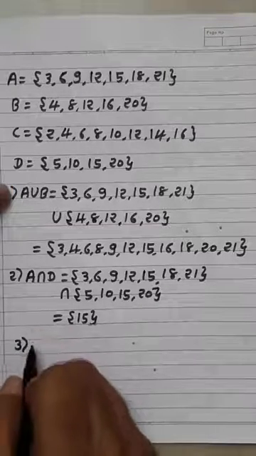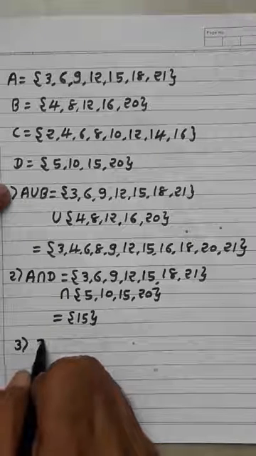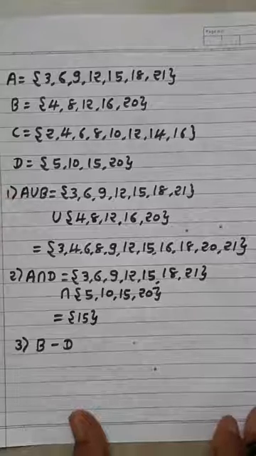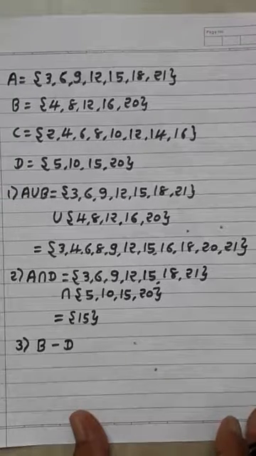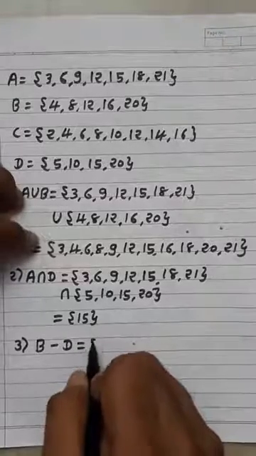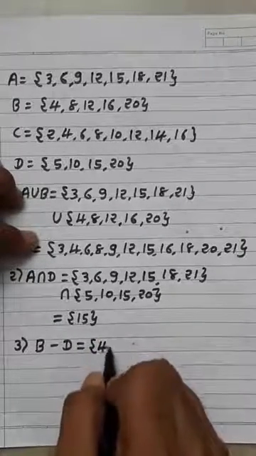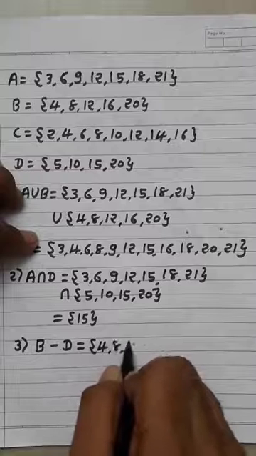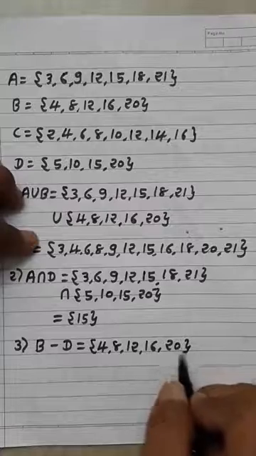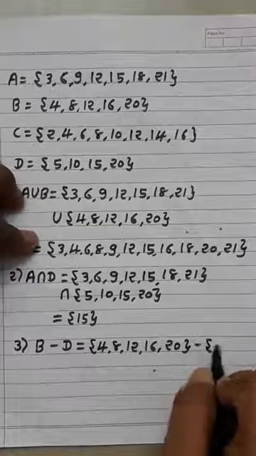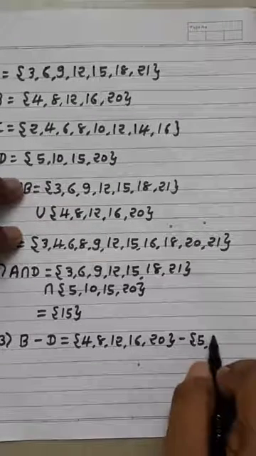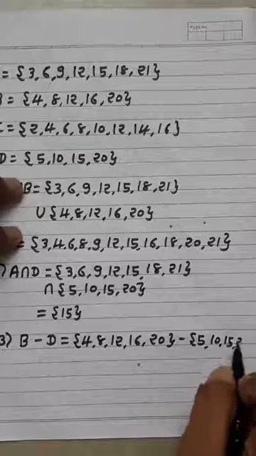Third one. Now, B difference D. So B is 4, 8, 12, 16, 20, difference D, which is 5, 10, 15, 20.